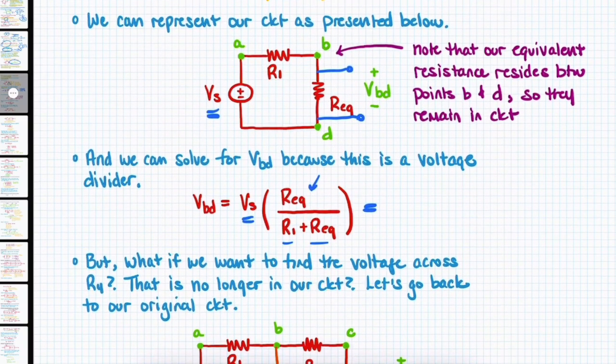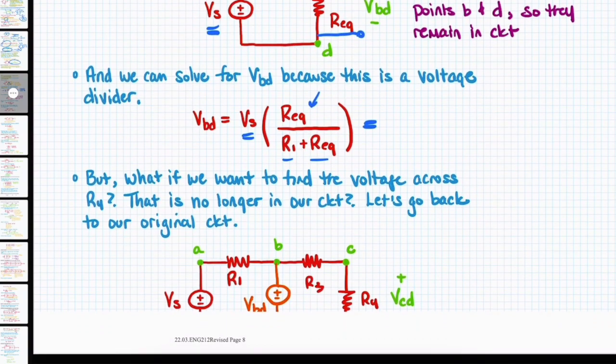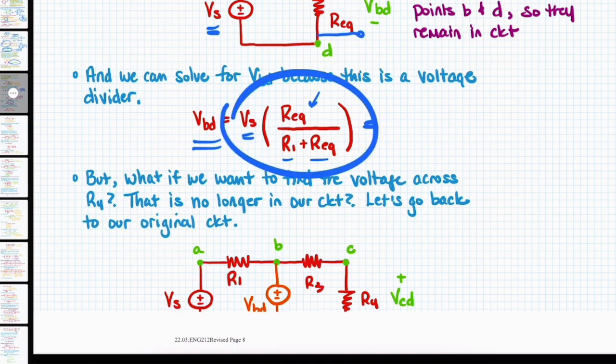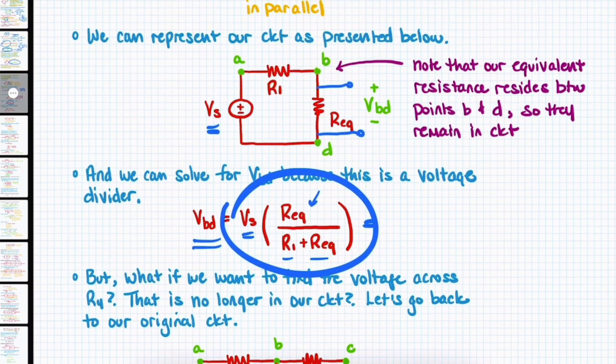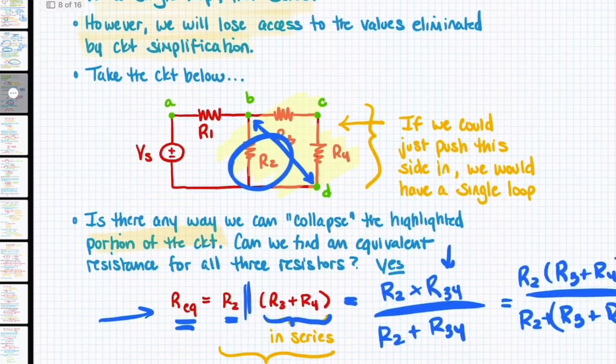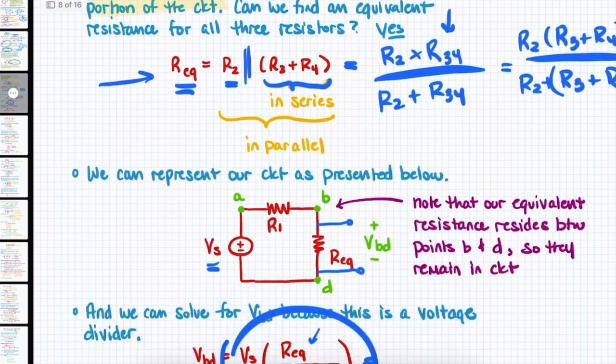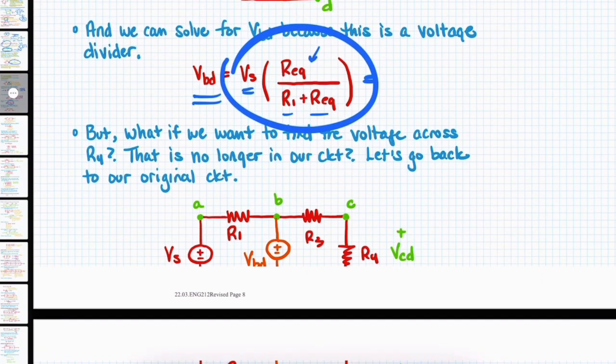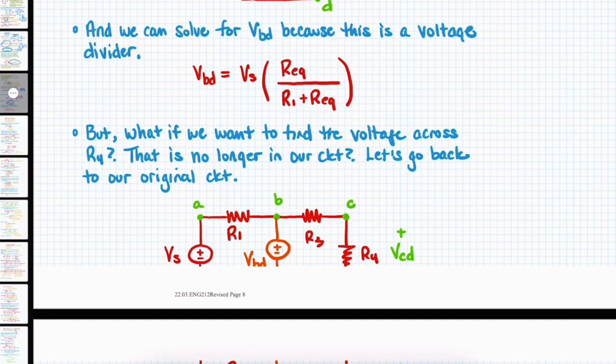Now, what we know is that VBD is equal to all of this. Finding the numerical value is irrelevant. I think we didn't give numerical values here, so we don't really care about the numerical values, but we know that we have a solution to finding VBD.